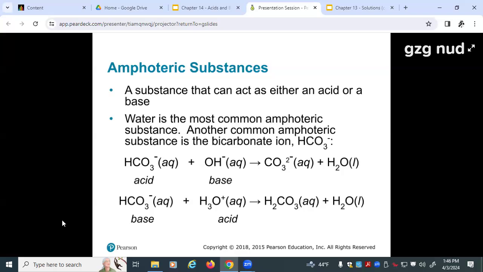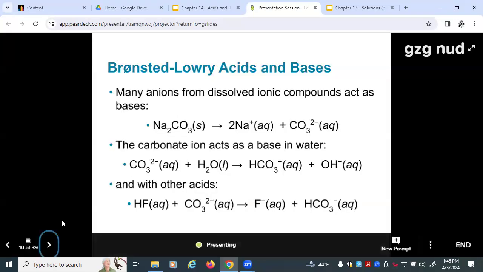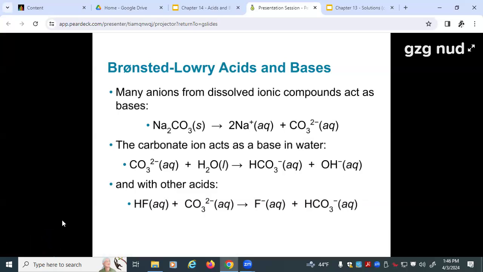It was taking that extra proton and becoming hydronium. As we saw in the previous case, here we have water acting as an acid. Water's giving its proton to the carbonate and creating hydroxides in the process.